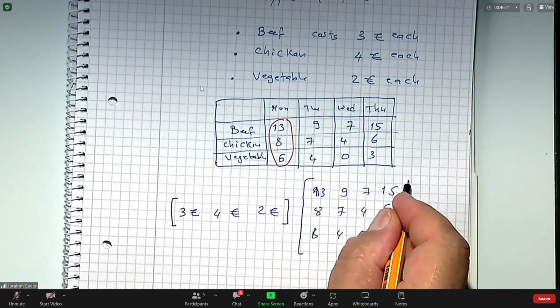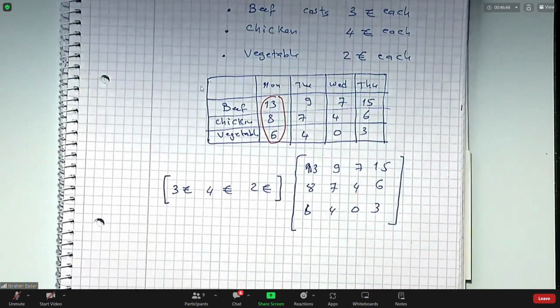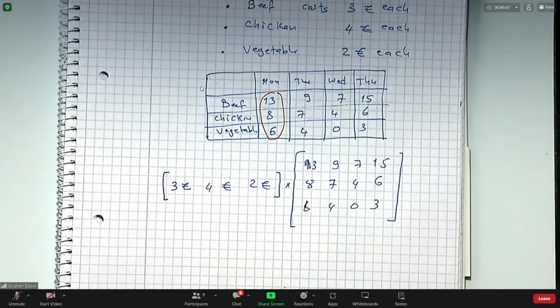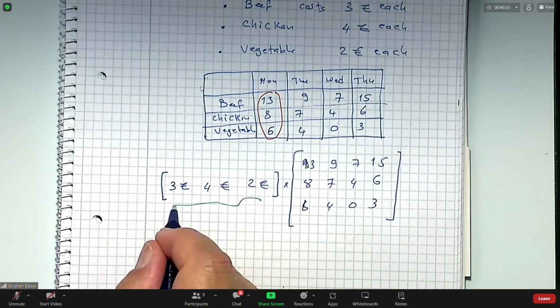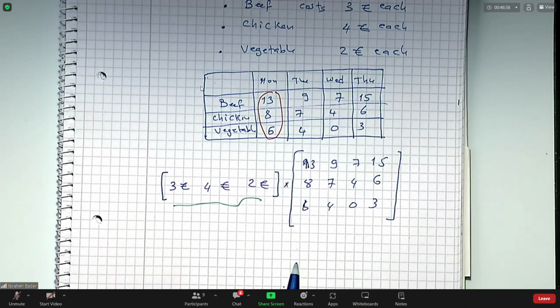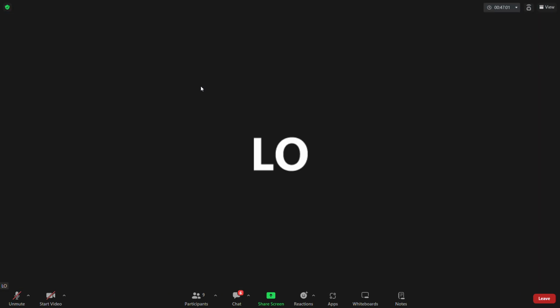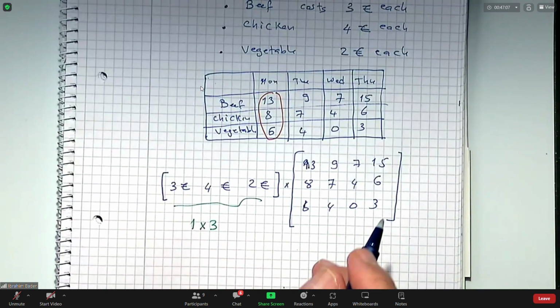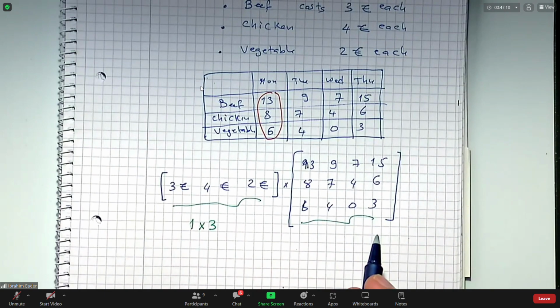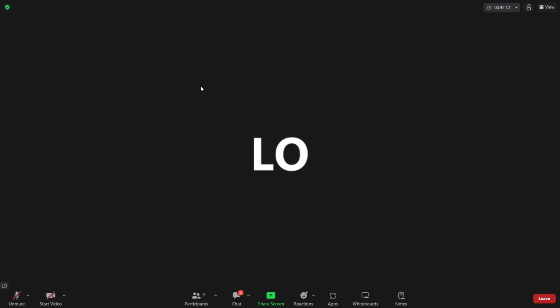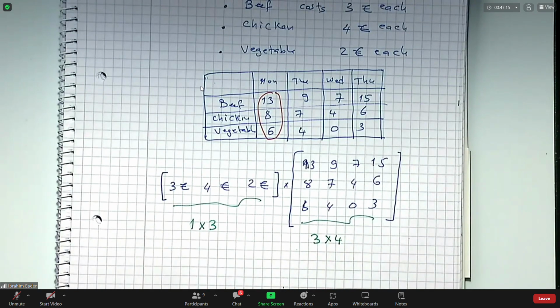0, 3. Now before we perform the multiplication, or the product, let's check the dimensions of these two matrices. What is the dimension of the first matrix? Rows, columns? The first one is 1 by 3. Exactly. And the second one here is 3 by 4. Exactly. So here is important. Maybe this answers the question of the girl who asked about the dimension.